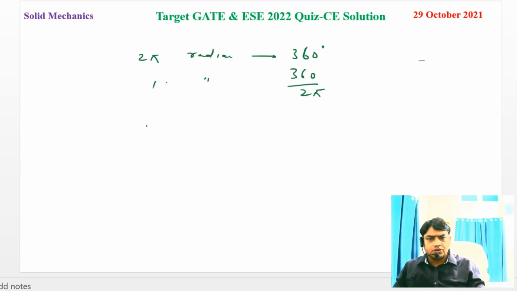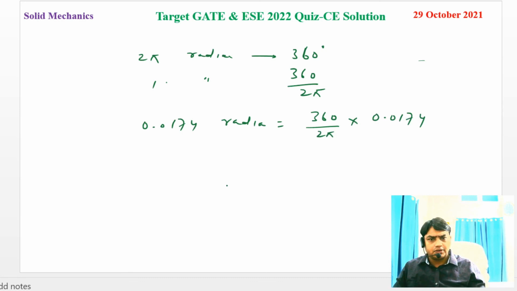For 0.0174 radian, it is 360 into 0.0174 divided by 2 pi, which is 0.996 degree.